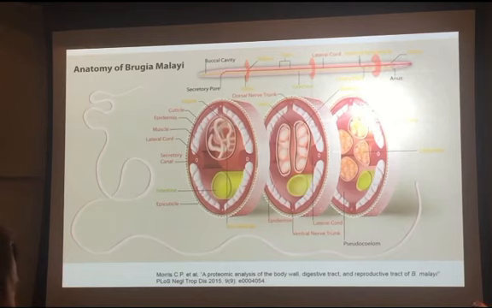The anatomy is complex. This is from a paper my lab published a couple years ago, and we made this diagram of what the internal anatomy looks like. We went over the anatomy of nematodes last week, so I won't go into it in detail, but this is an adult filarial worm, and they are long and thin. If you take it in cross-section, you have the outer cuticle, and then these are the nuclei of the epidermal cells.